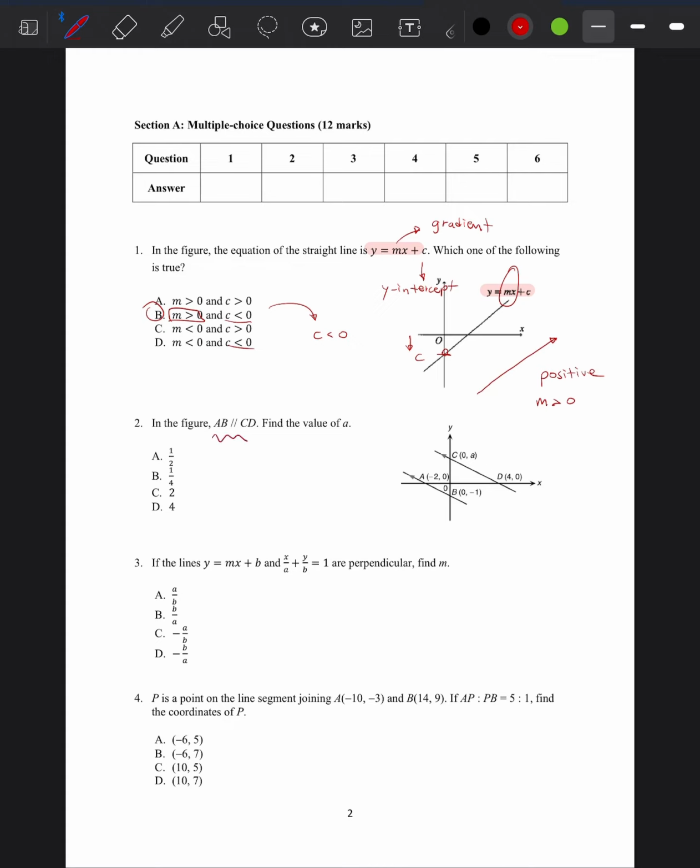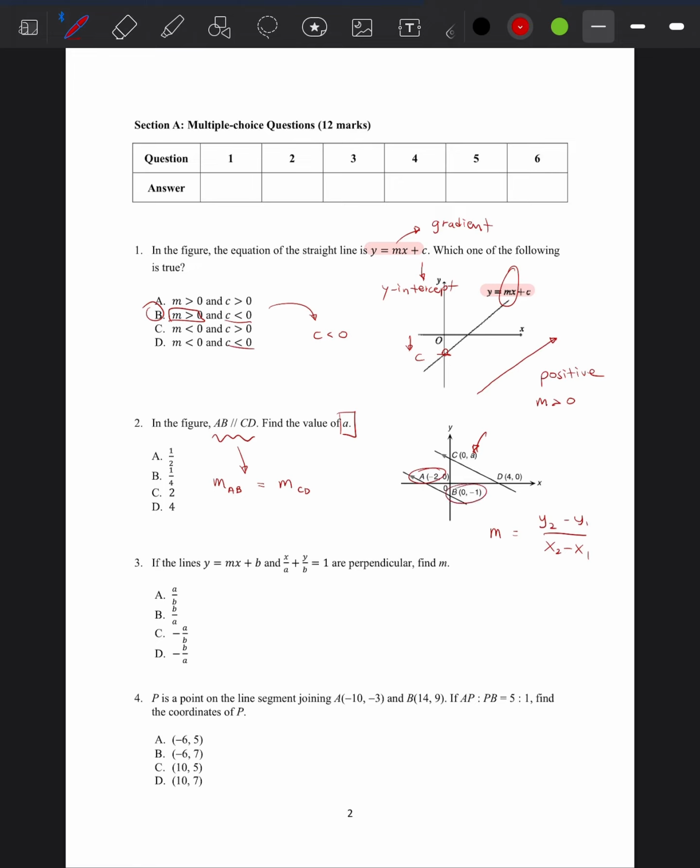Question 2. In the figure, AB is parallel to CD, so you already know that it is telling you the gradient of AB equals the gradient of CD, and it asks for the value of a. Here is your a. Remember how to find a gradient: we use the difference of the y coordinates divided by the difference of the x coordinates.